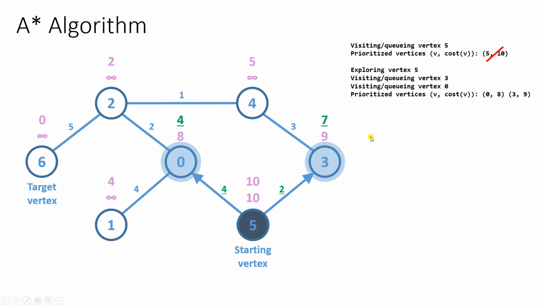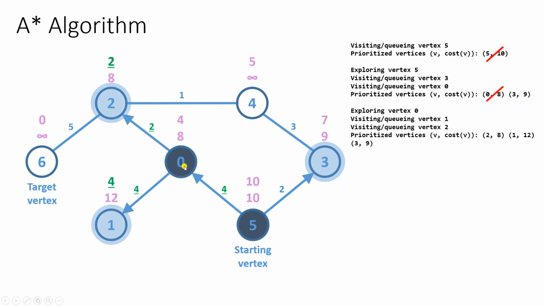Now let's see which one of the vertices in the priority queue has the lowest total cost. It's vertex 0. Its total cost value is 8. The total cost of vertex 3 is 9, and we're going with vertex 0. By exploring vertex 0, it gets removed from the priority queue, and in this case 2 new vertices are added to the priority queue.